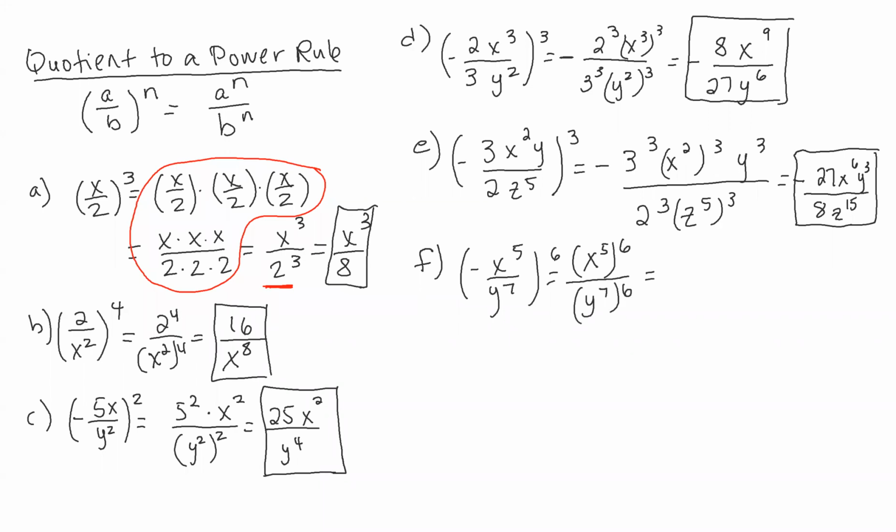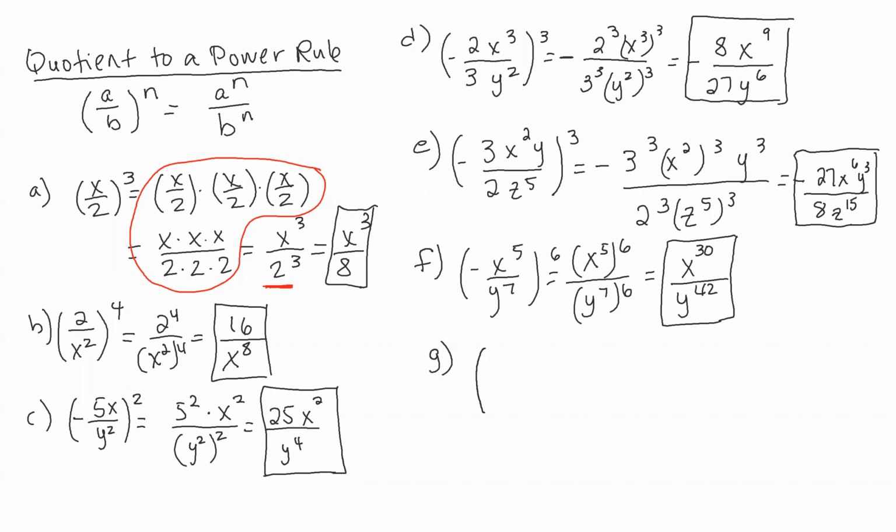X to the fifth to the sixth power is x to the 5 times 6, or 30th power. Y to the seventh raised to the sixth power is y to the 7 times 6, or y to the 42nd power. And that's it. Let's do one more.